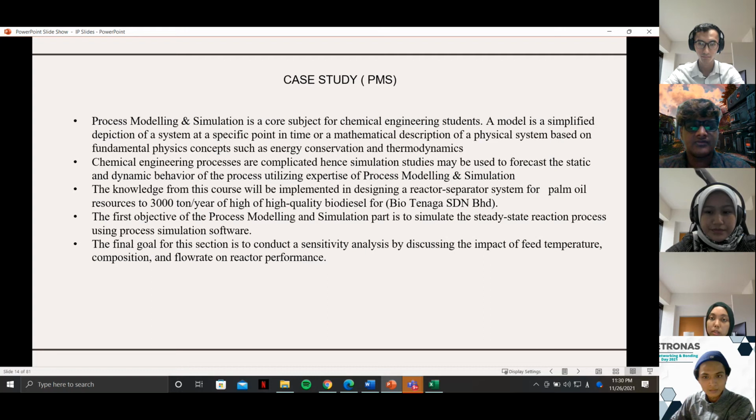The knowledge from this course will be implemented in designing the reactor and separation system for palm oil resources to produce 3,000 ton per year of high quality biodiesel. The objective of the PMS part is to simulate the steady state reaction process using simulation software. Another goal of this section is to conduct sensitivity analysis by discussing the impact of feed temperature, composition, and flow rate on the reactor performance.